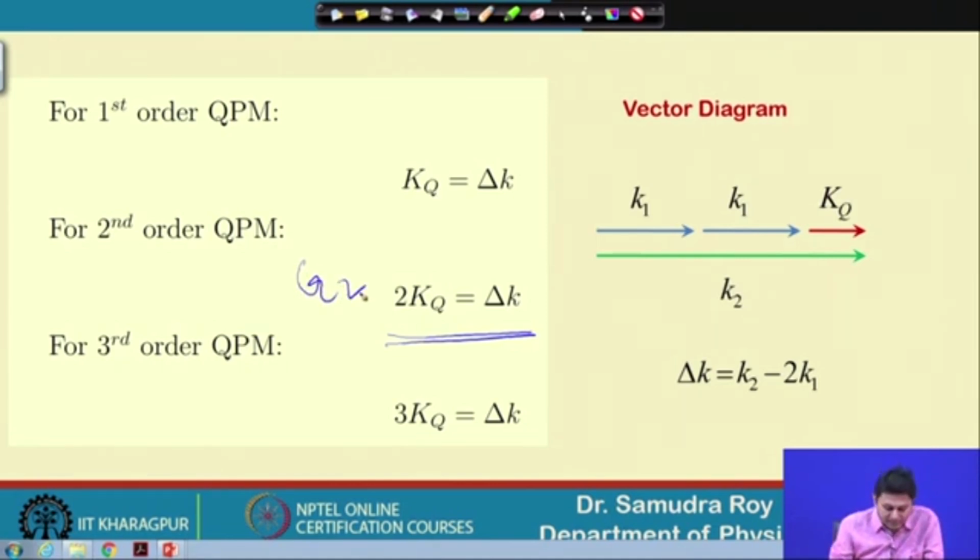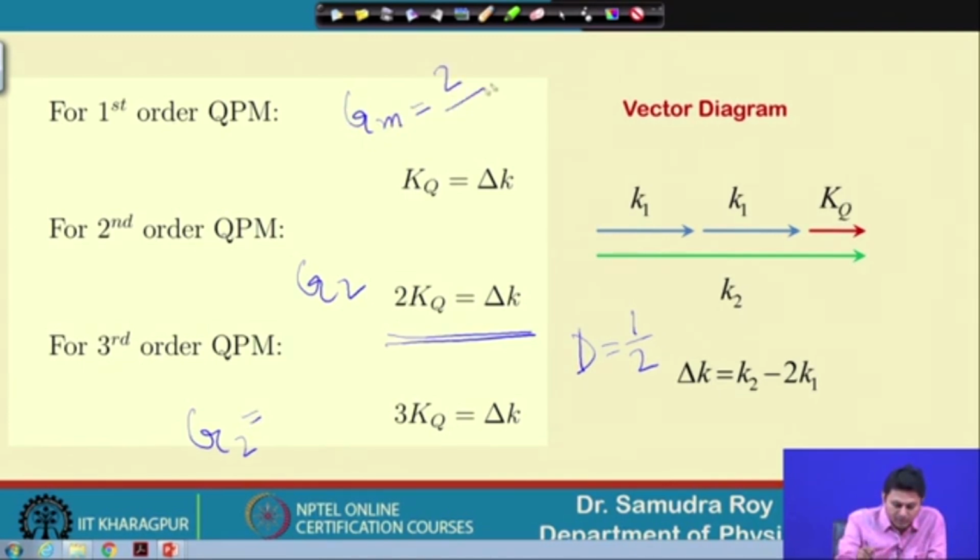Now, if I try to find out G 2 with the duty cycle D equal to half, what was our G m? G m was 2 divided by m pi sine of m pi multiplied by the duty cycle D, that was the form of G m.